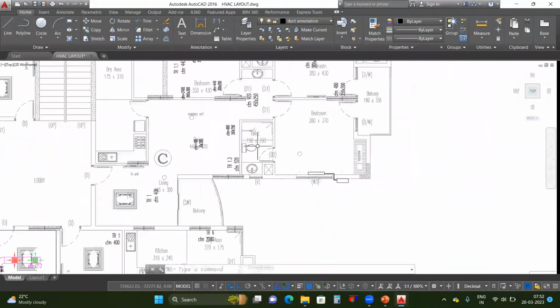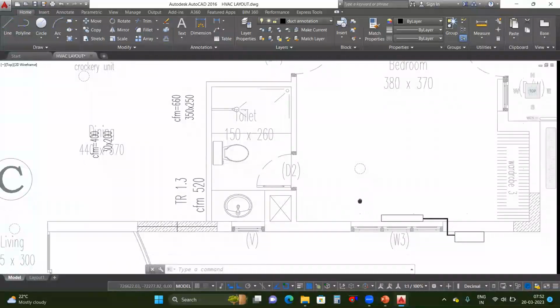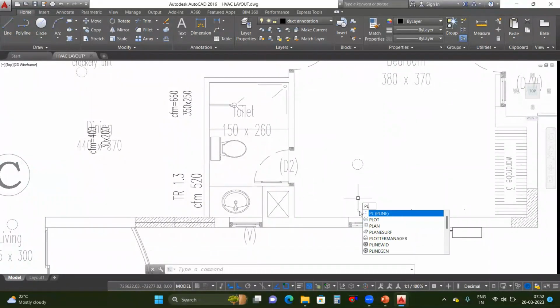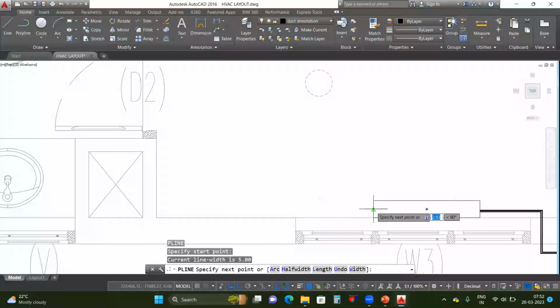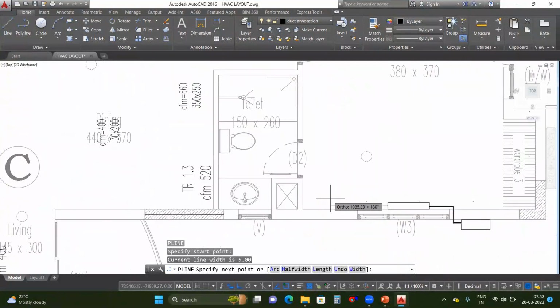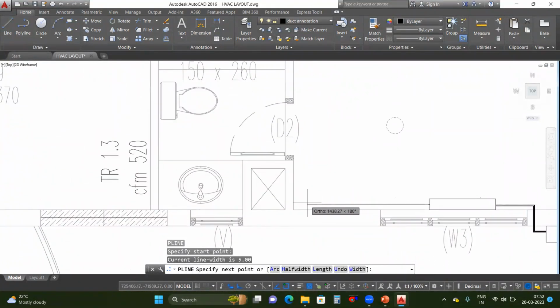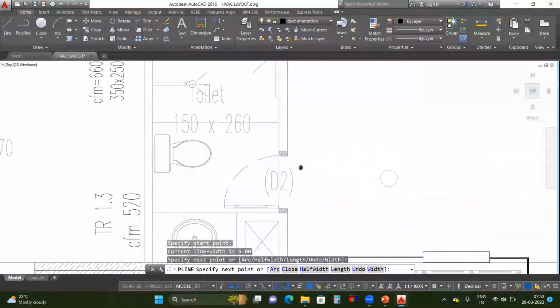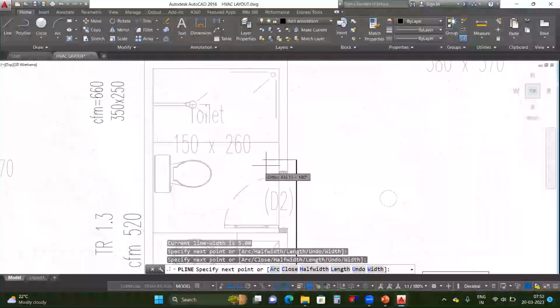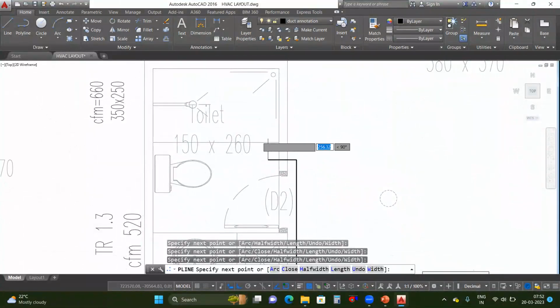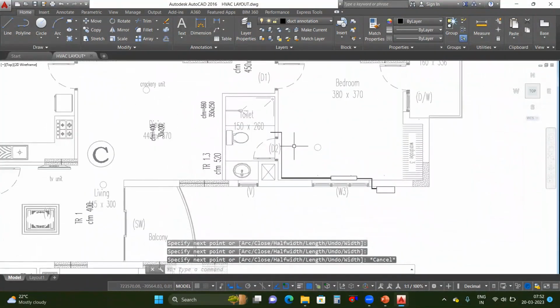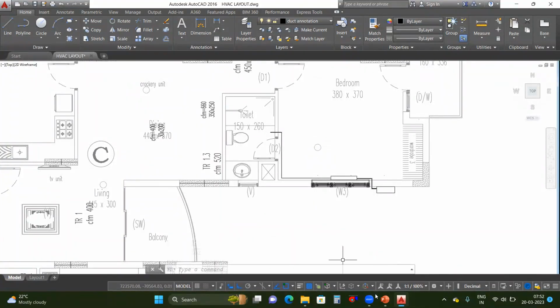Otherwise, we have the toilet over here, so we can drop onto this. So consider this as some floor, third floor or fourth floor. We cannot leave the drain outside like this. So what will we do? I will take it like this on the above false ceiling, and somewhere here I will drop the drain in the washroom. Okay. So this is how we will place the split AC.